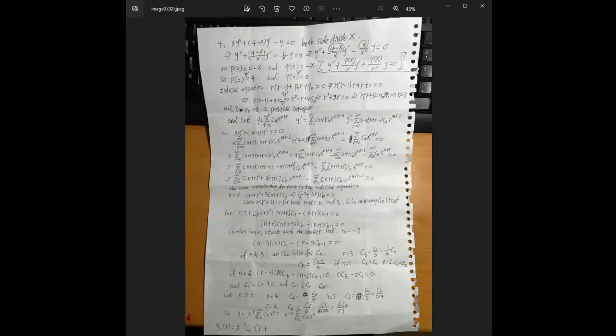The equation is y double prime plus (4 minus x) y prime minus y equals 0.